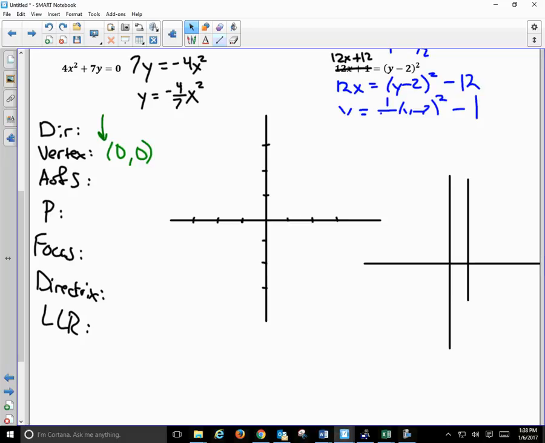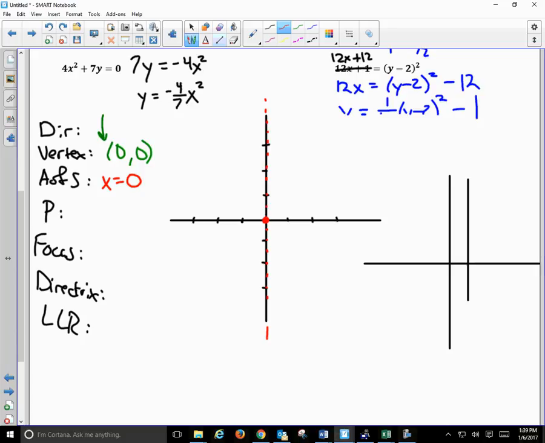Make a 3 by 3 graph here. I plot 0, 0. So the axis of symmetry, vertical or horizontal? Vertical. X equals 0.